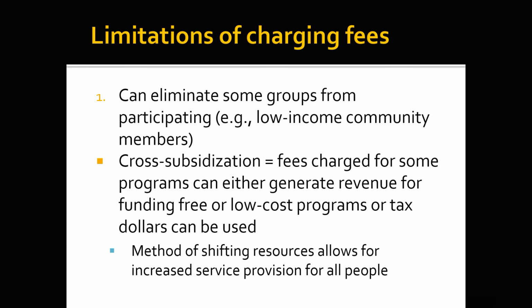There are limitations to charging. Obviously, as I said, it can eliminate groups. But you can do cross-subsidization, as we've spoken about. So shifting resources allows for increased service provision for all people. You make profit on elite and private programs in order to then help subsidize and pay for programs that serve the greater good.